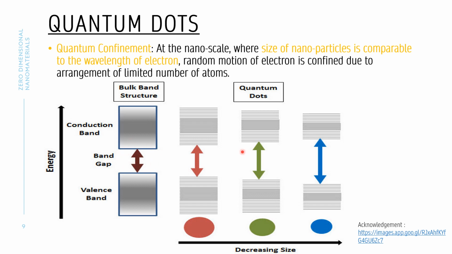So this phenomenon leads to unique optical and electronic properties, which are dependent on the band gap. And the size of the quantum dot directly influences its energy level and consequently its optical and electronic behavior.